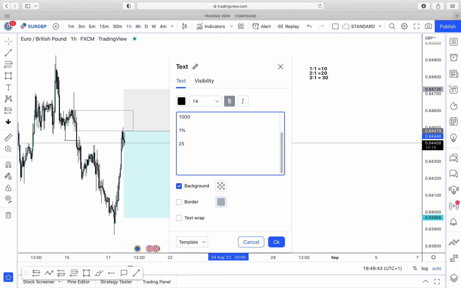And then if you scroll down, it would say, let me do the calculation myself, one second. Your amount at risk will say 10 euro, and your standard lot will be 0.169, so 0.17.